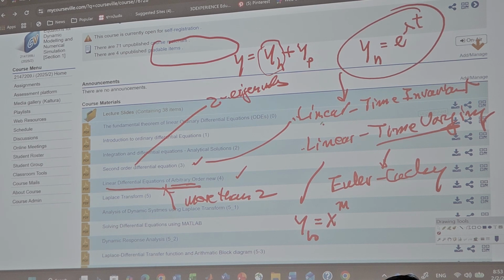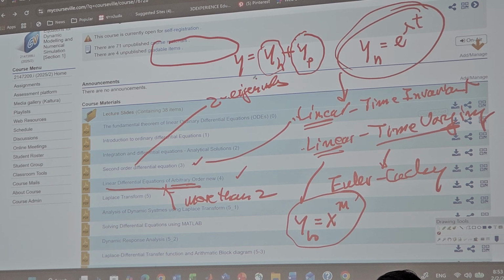As I mentioned, if you have a linear system, we have a general method to solve differential equations. The most difficult one is if you have non-homogeneous, where you have an external force.